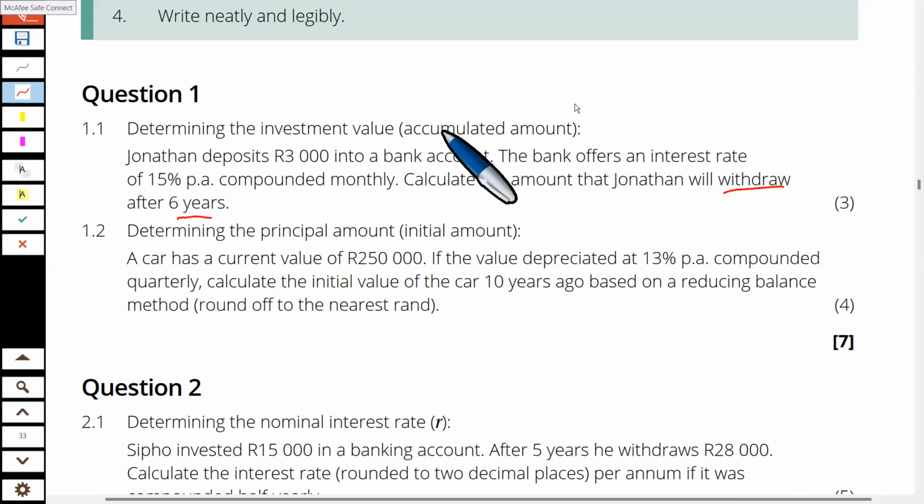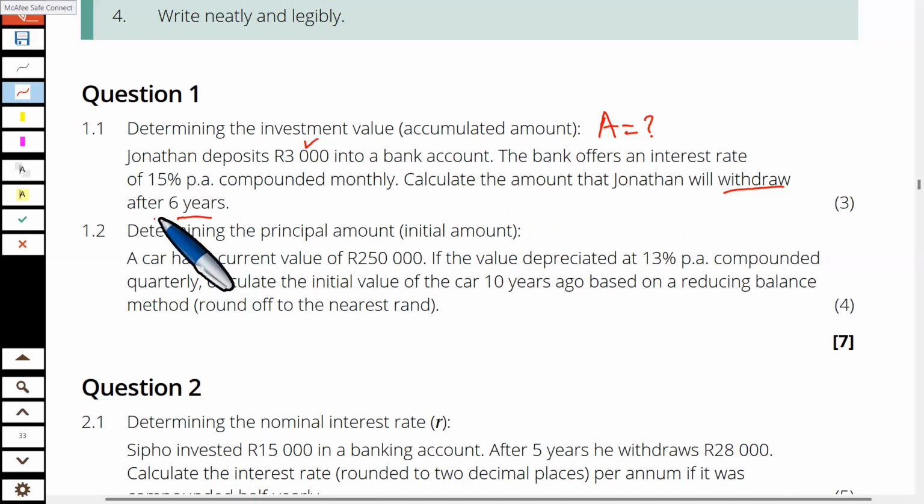No offense. So we're going to do it together. Determining the investment value, which is the accumulated amount. What is it? It is actually A. We're looking for the investment value. Jonathan deposits 3,000 into a bank account.